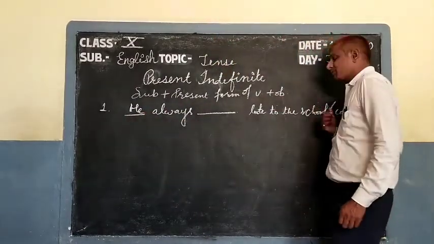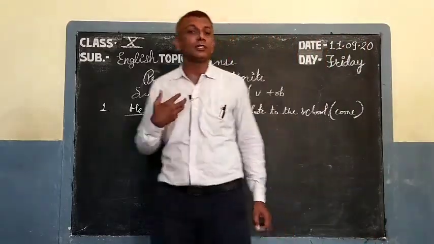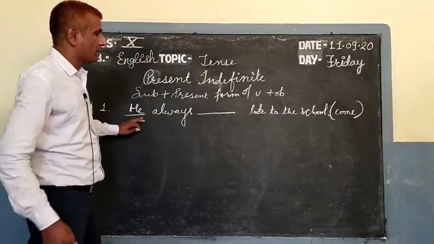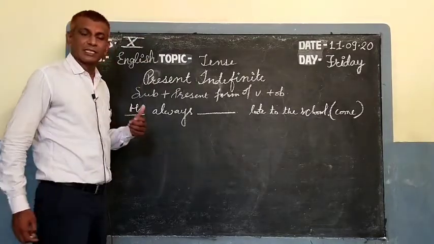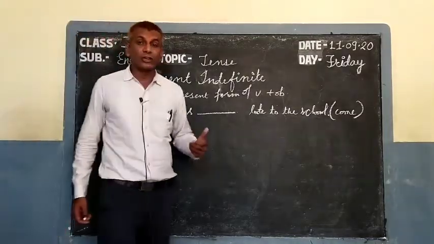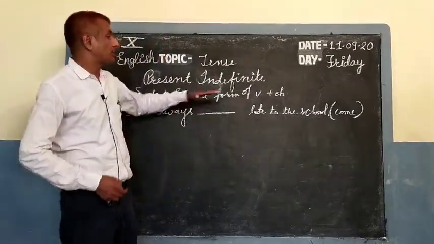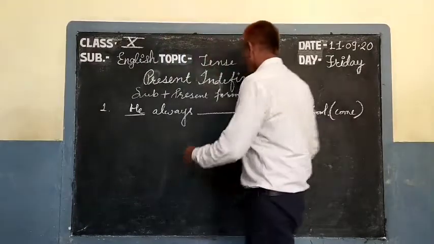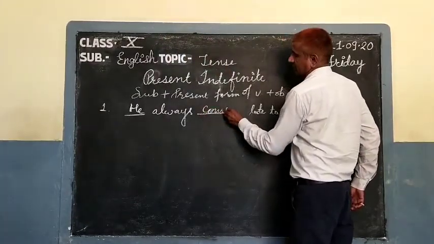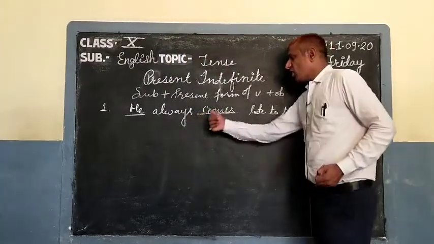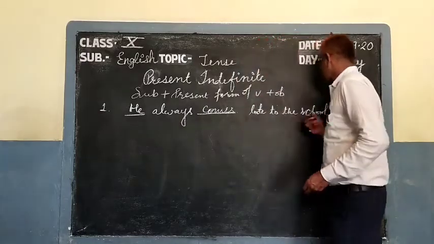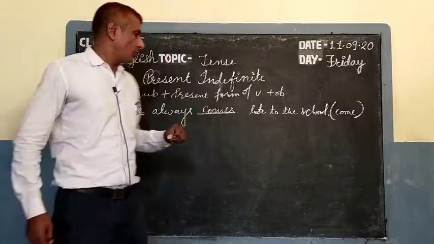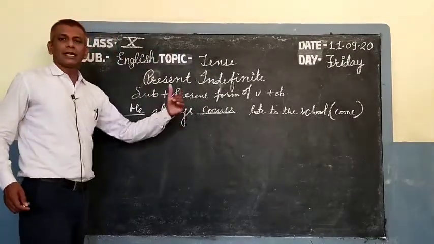The subject is he, so use the present form of the verb come. And you remember that he is singular. With a singular subject we use the singular form, so it is comes. He always comes late to school.